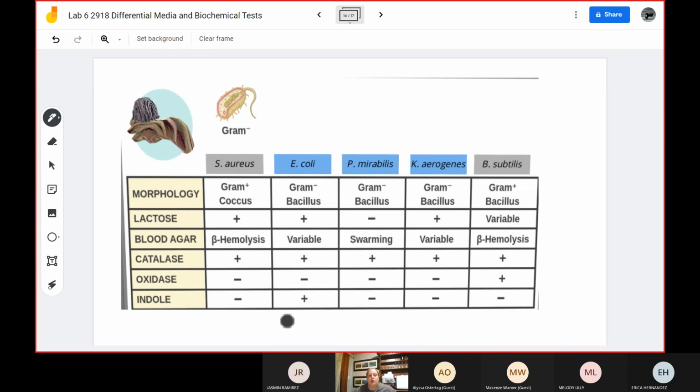So if you were going to identify an unknown bacteria, you would want to utilize some sort of a table or key where you had known properties of different bacteria and be able to narrow down using these test results.